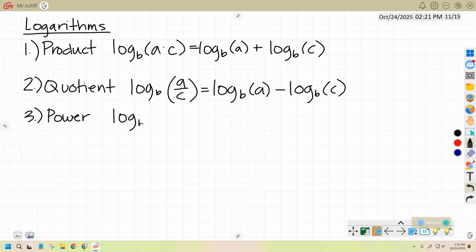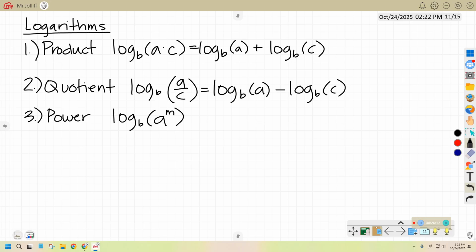So if I have log of a to the m, you have a power inside a log. And we're going to think back to what we did with exponents. When I had a power of a power, what did I do with the exponents? Power of a power. Multiply.